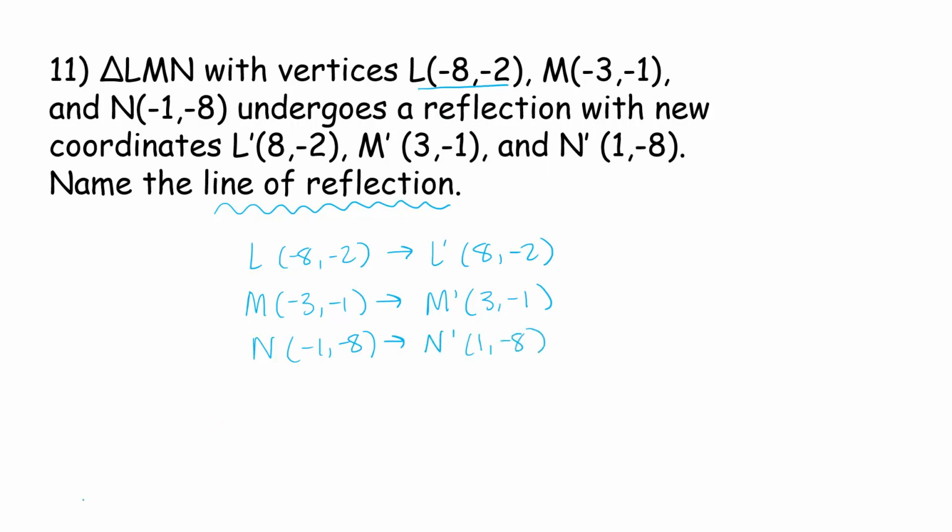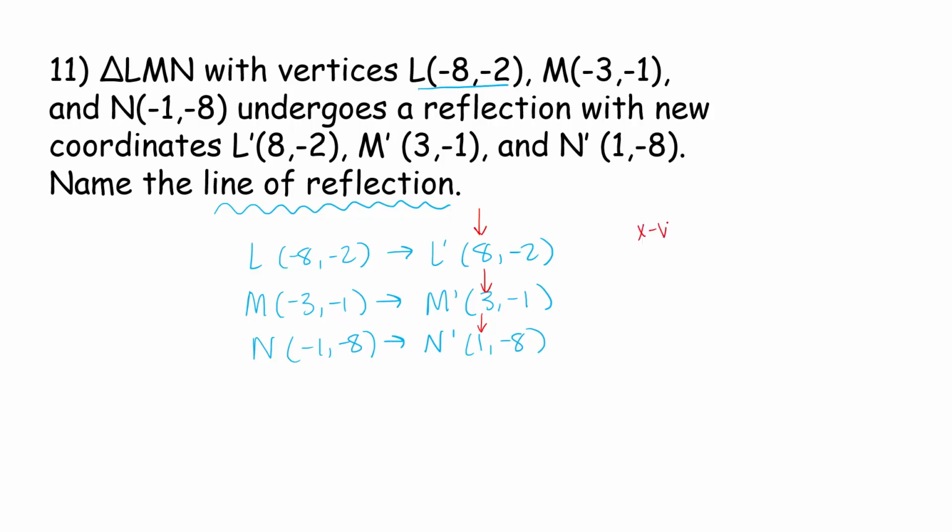Okay, so every single time, let's look at what happened. -8 changed to a +8, so the x changed signs. The -2 stayed the same. Okay, so -3 in letter M became +3, so the x changed signs, the y stayed the same. And then in letter N, -1 became +1, the -8 stayed the same.